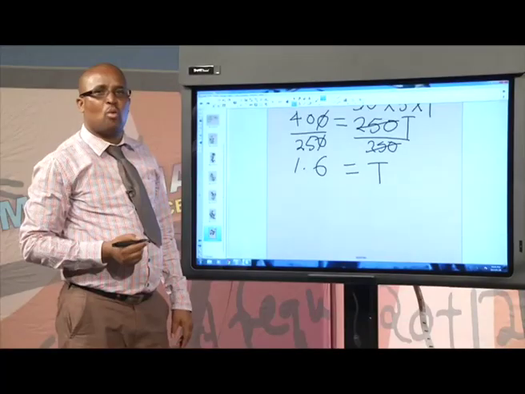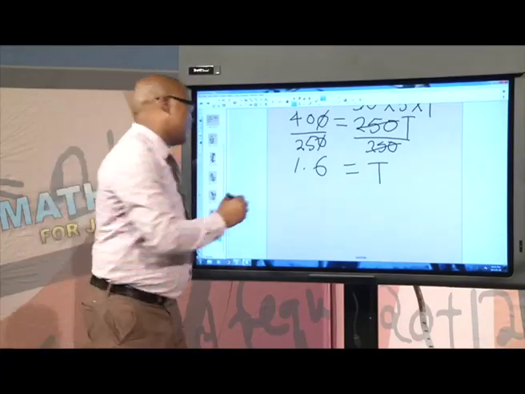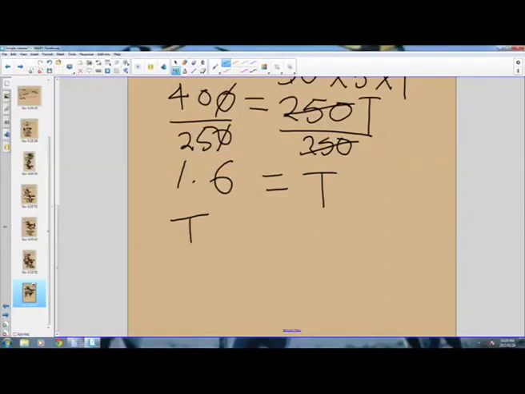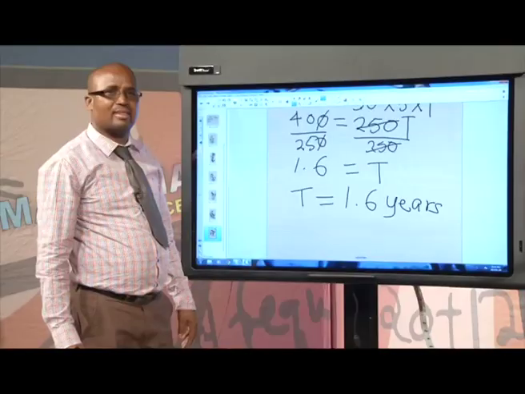The time is 1.6 years. So our T will be equals to 1.6 years. It has to be in years because we stated that the time in the formula I equals to PRT is given in years.